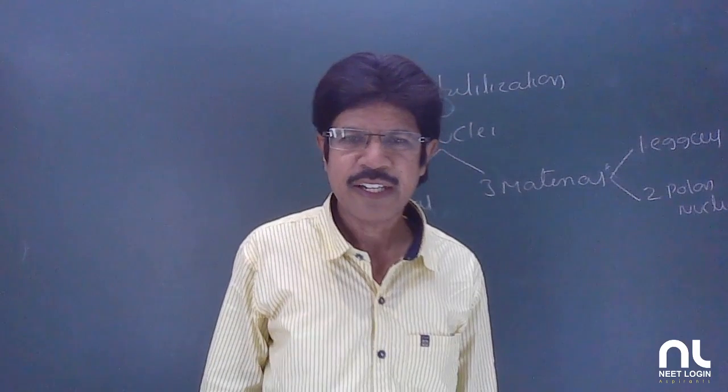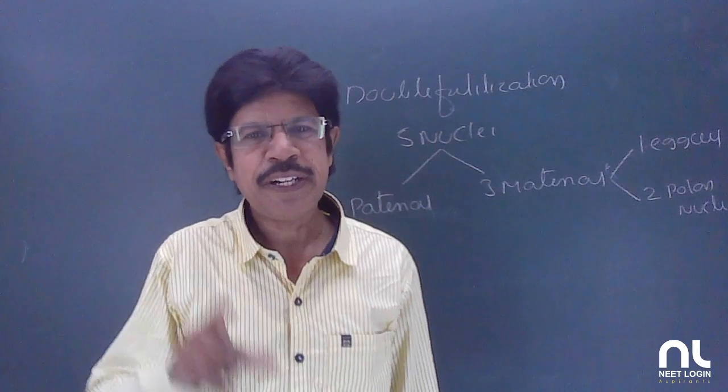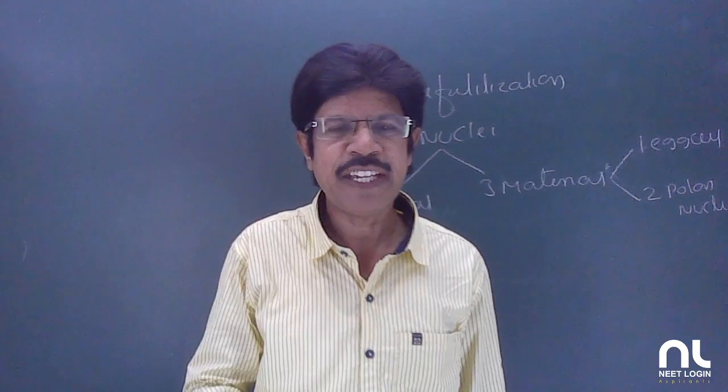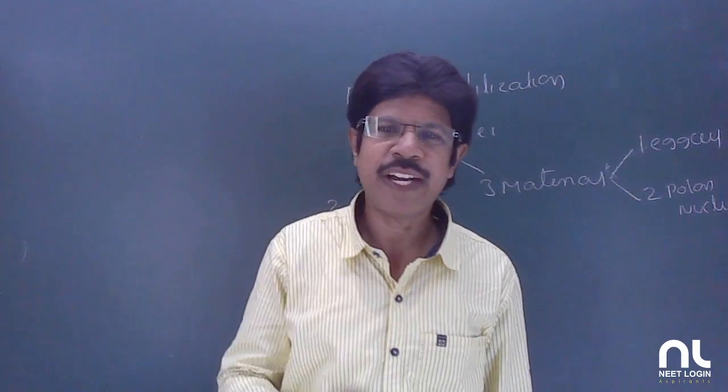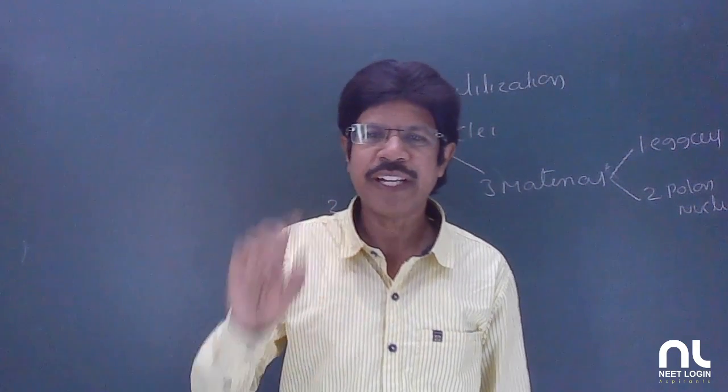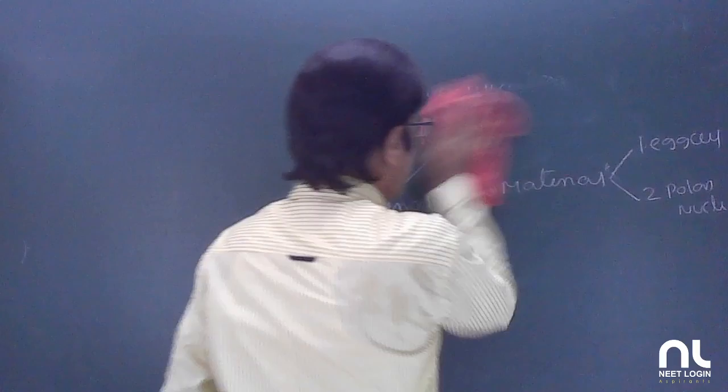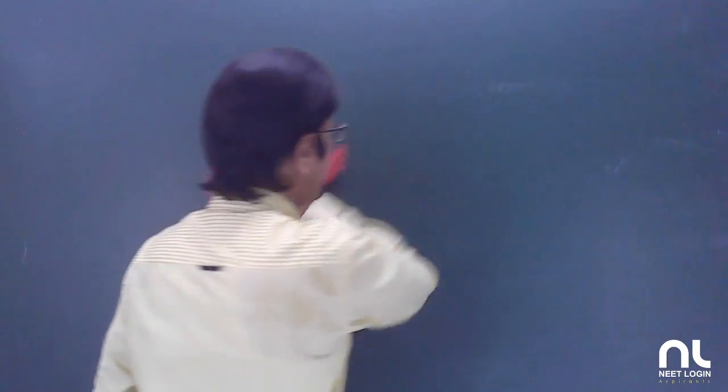A diploid independent sporophyte having a few-celled gametophyte is nothing but diplontic life cycle. Whether it is a haploid plant or a diploid plant, it produces haploid gametes. A haploid plant divides by mitosis to produce haploid gametes. A diploid plant by meiosis produces haploid gametes.